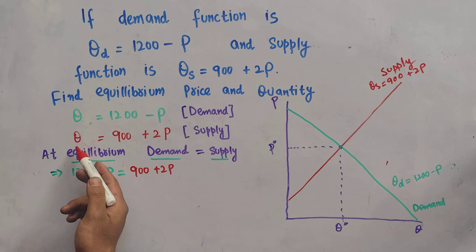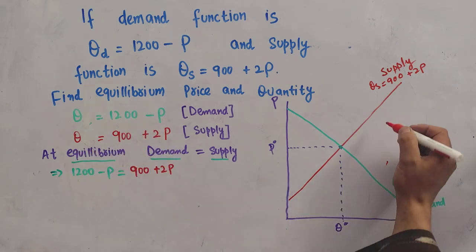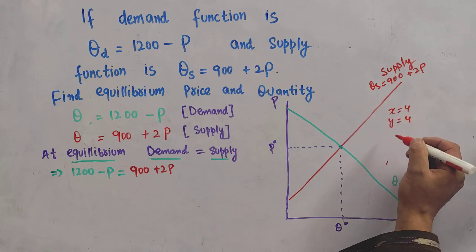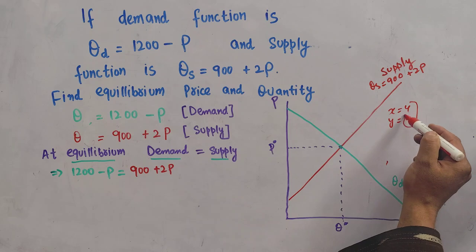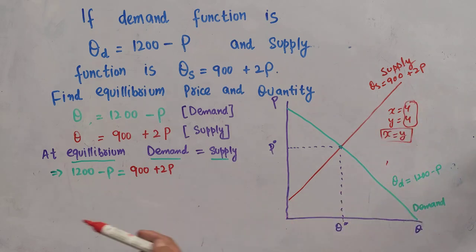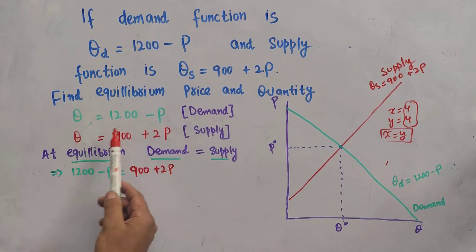Since the LHS is the same, we can equate the RHS. Simple thing, if x is equal to 4, y is equal to 4, can I say x is equal to y? Here Q is equal to this step, Q is equal to this step. Since LHS is the same, we can equate the RHS that I have done here.